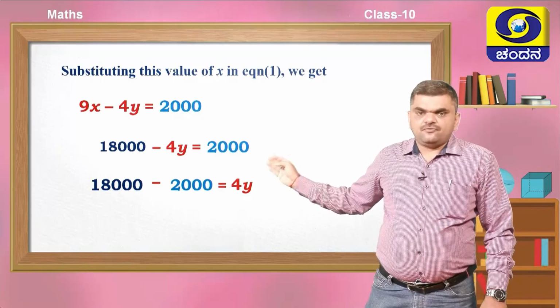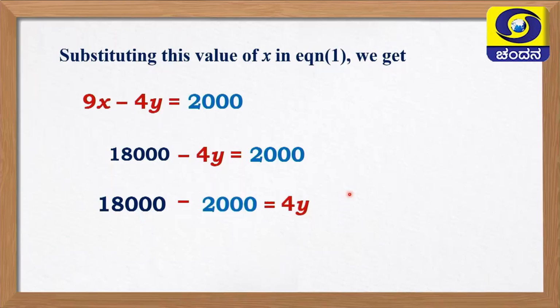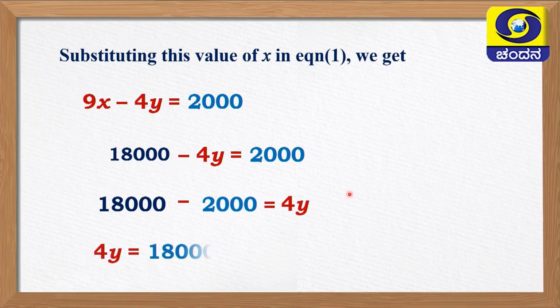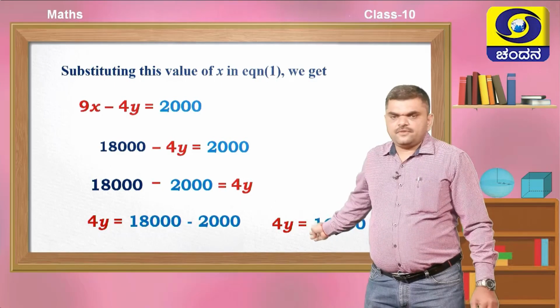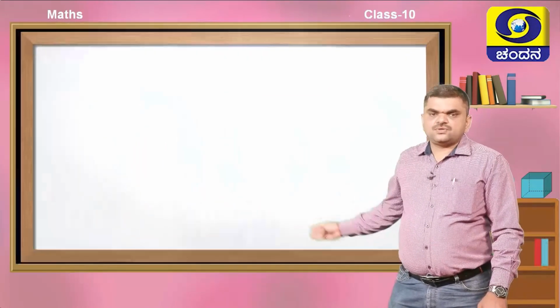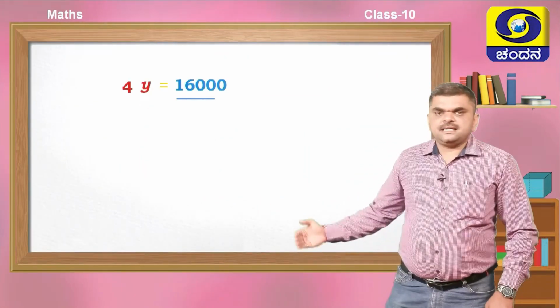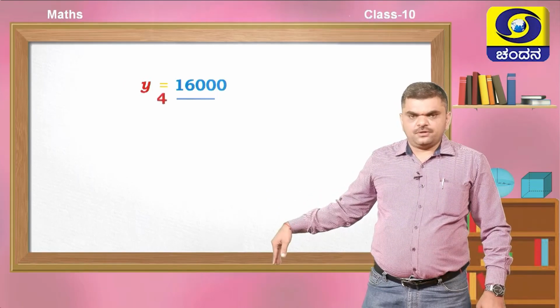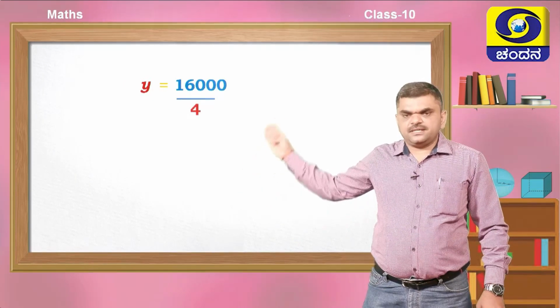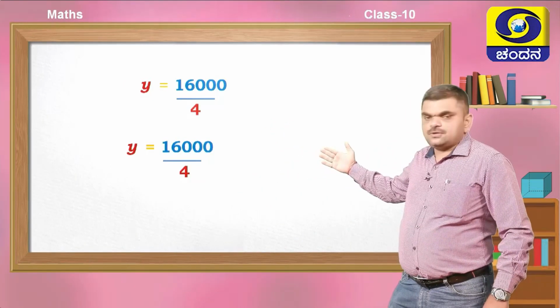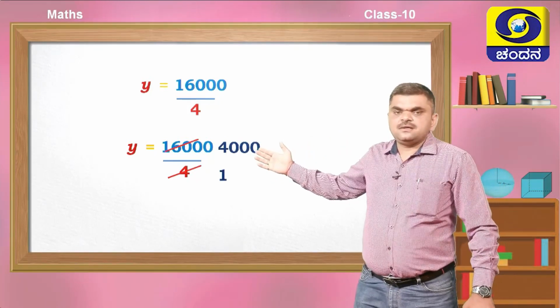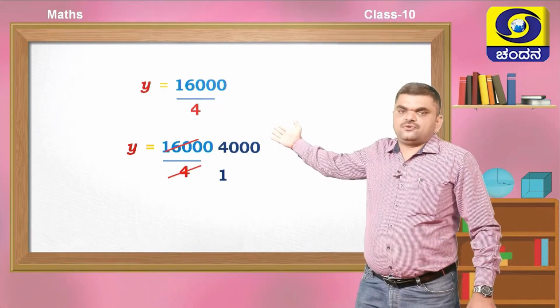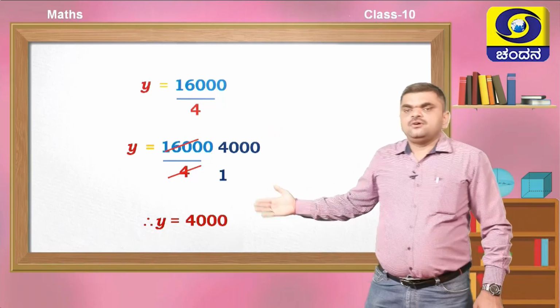It becomes 4y is equal to 18,000 minus 2000, that is 4y is equal to 16,000. So, now we have to find the value of y. y is equal to 16,000 divided by 4, that is 4 fours are 16, so y is equal to 4,000.